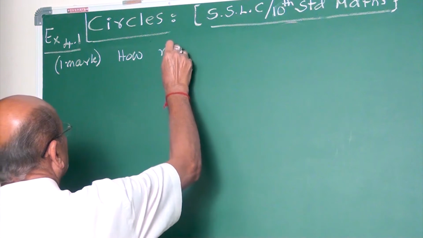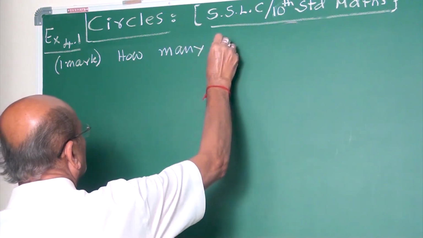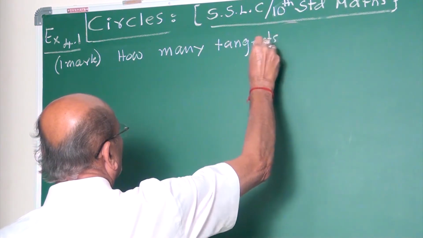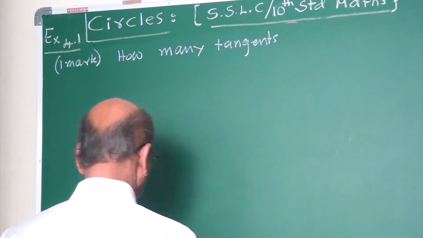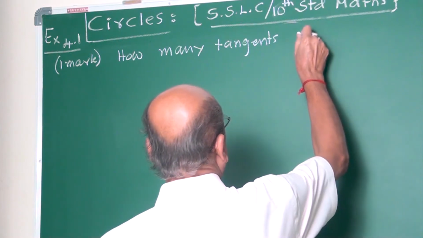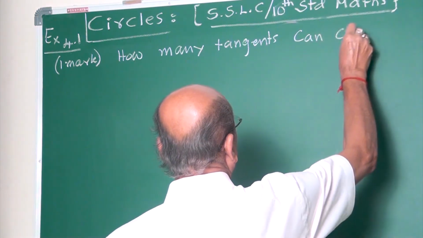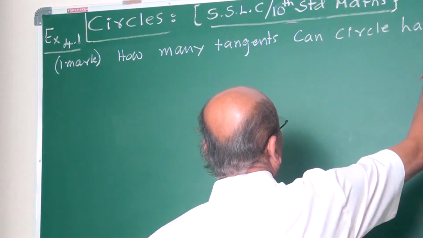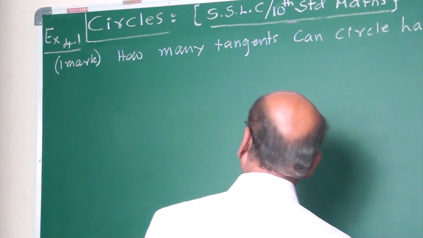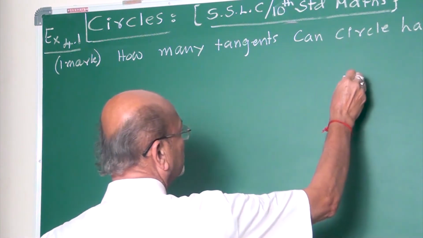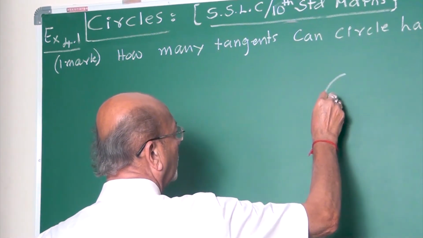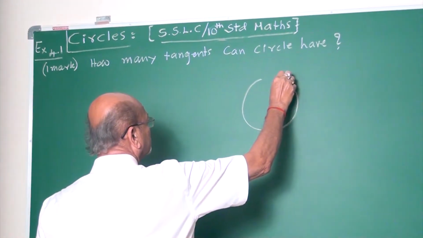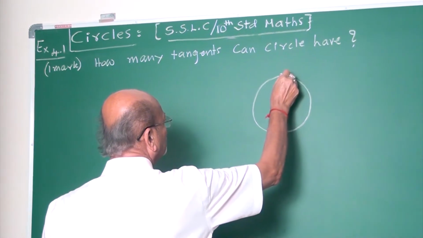How many tangents can a circle have? Yes, my friends, this is the circle. This is one point.